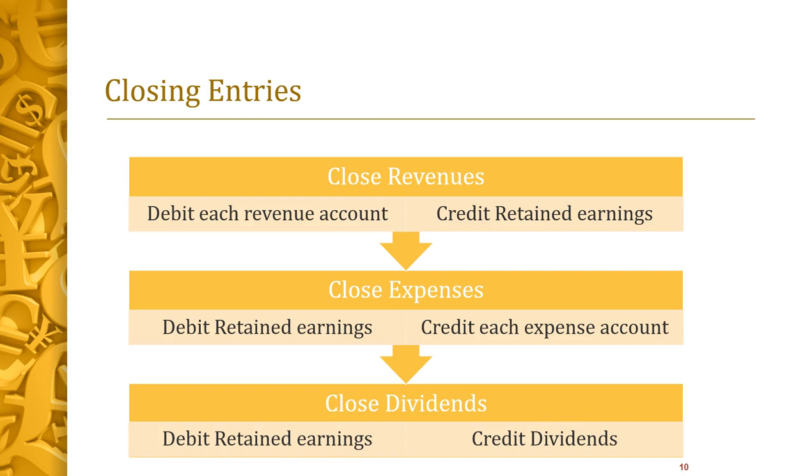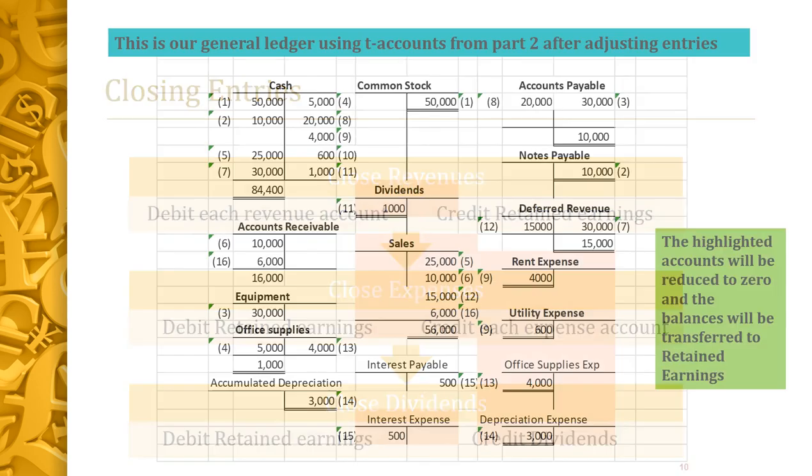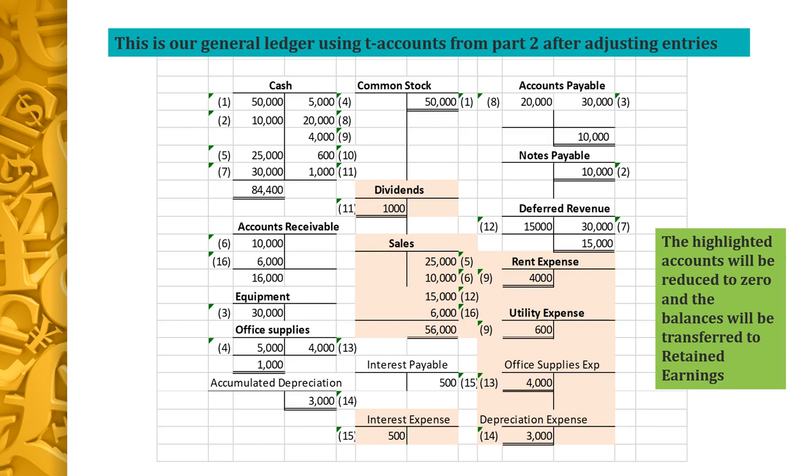Now, when we do the closing entries, we start with revenue, then we do expenses, and then we do dividends. So, when we look at our general ledger, everything that I've highlighted are all the accounts that must be reduced to zero. They're the dividends, our revenue, and expense accounts.